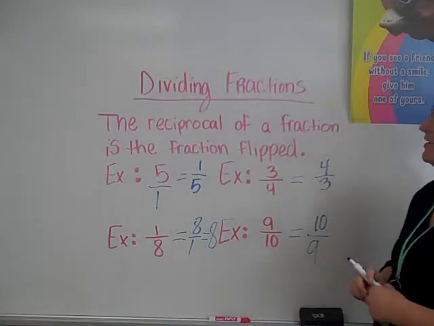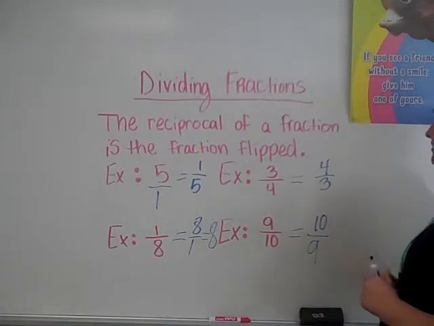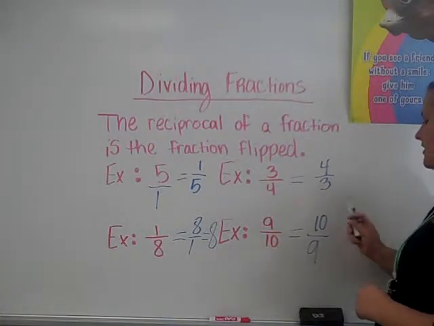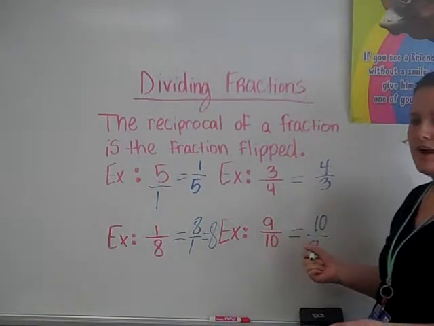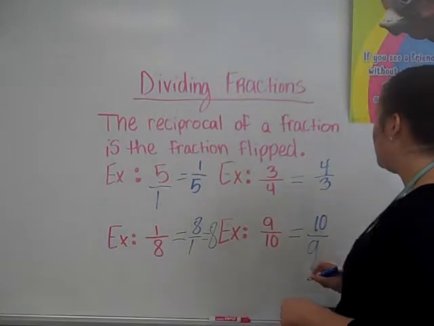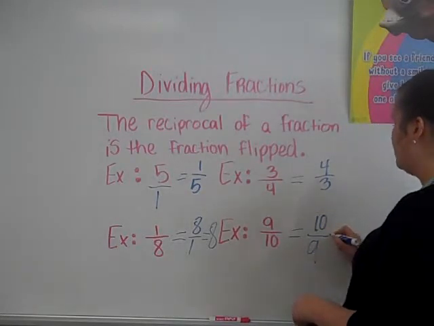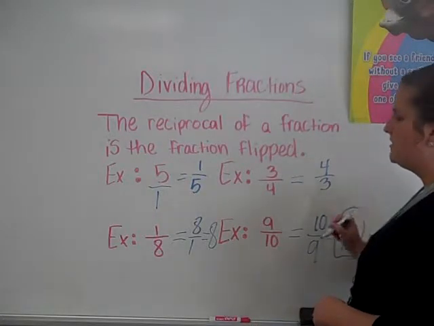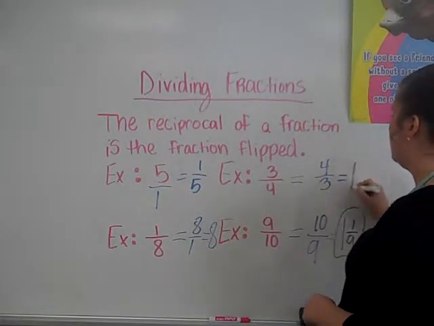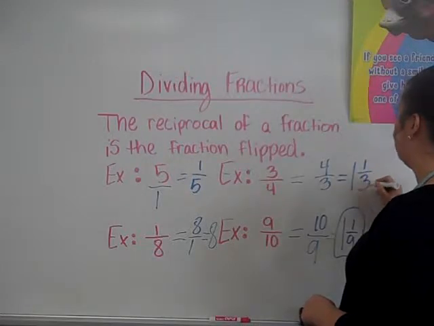Well, remember, we do not ever want our fraction to stay as an improper fraction, so we're going to change the 10/9 to 1 1/9. Up here, we are also going to change 4/3 to 1 1/3.